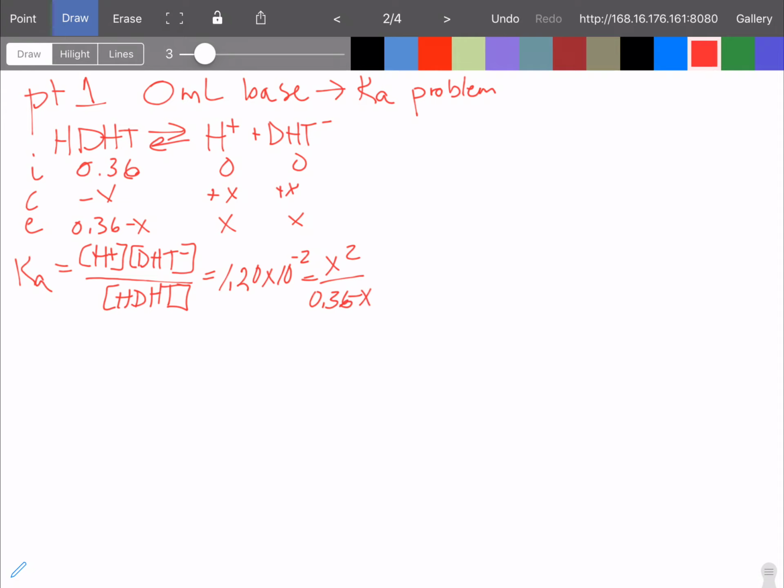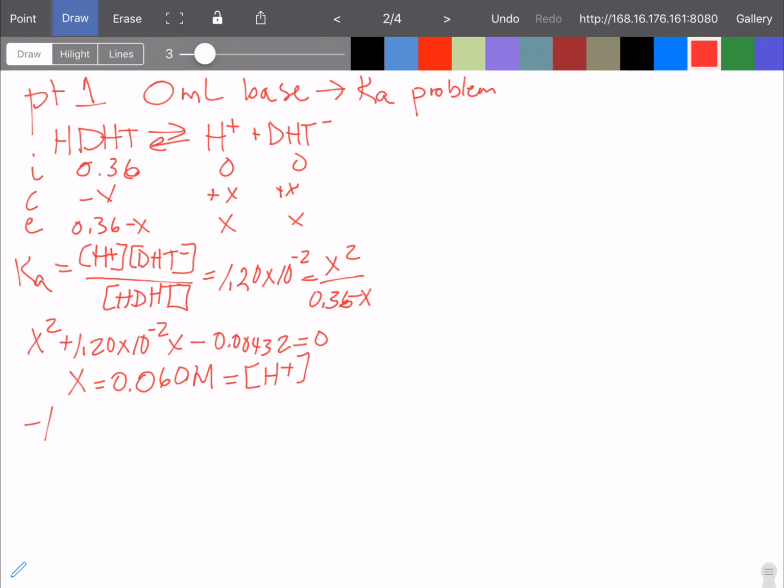All right, we'll do the whole full thing, and we'll end up with x squared plus 1.20 times 10 to the minus 2 x minus 0.00432 is equal to 0. We'll set it up into the polynomial function, and x comes out equal to 0.060 molar. Now remember, this is the H plus concentration.